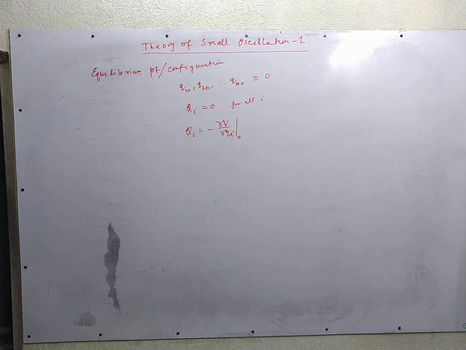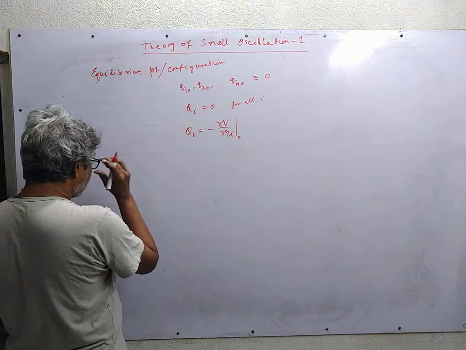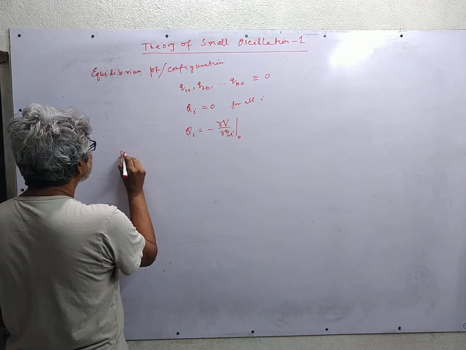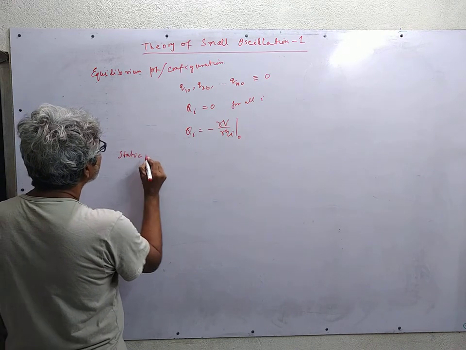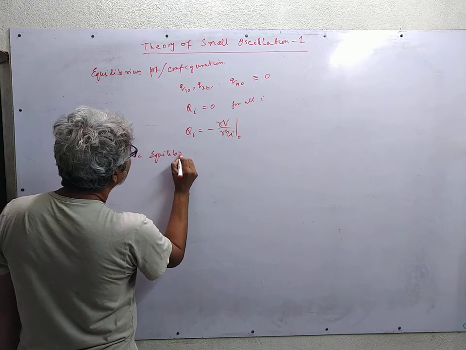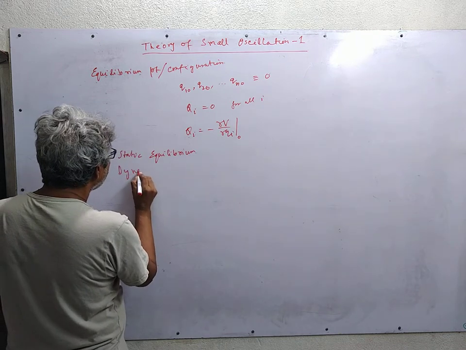Before going further, we shall make the distinction between different equilibria. Equilibrium is of two types, classified in this sense: static equilibrium and dynamic equilibrium.